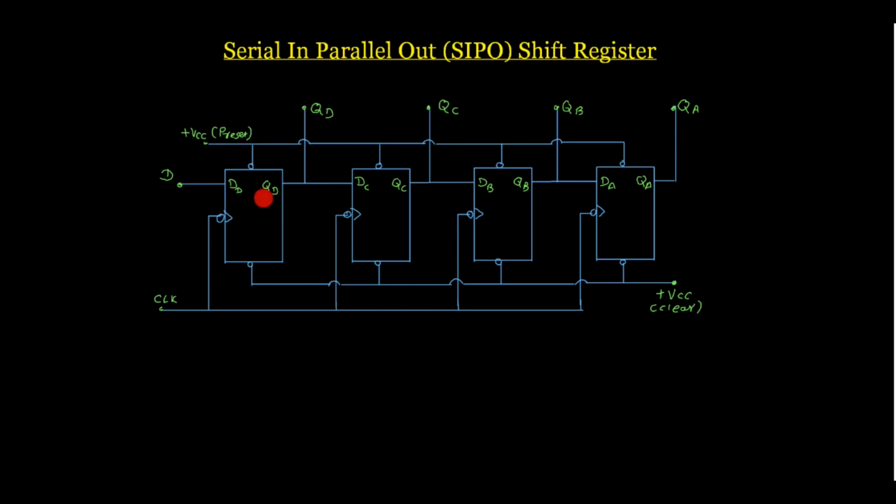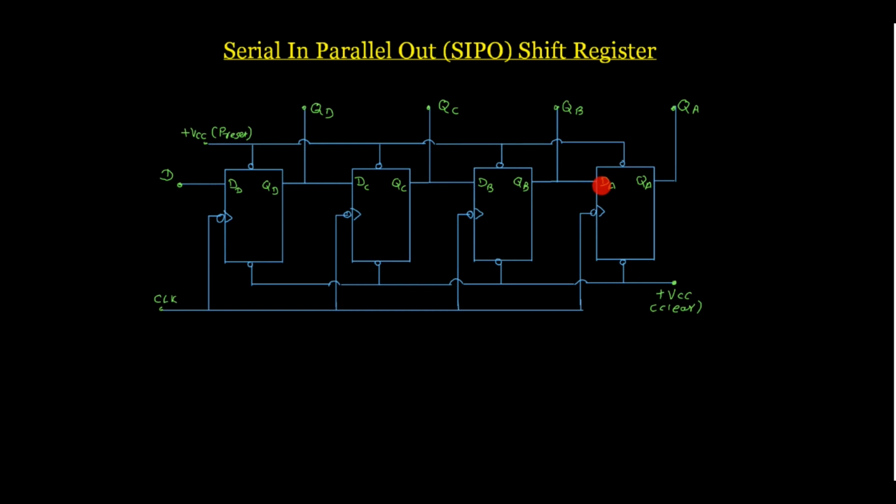Here we have used a D flip-flop directly. Now you can also use the JK flip-flop. Here the output of the D flip-flop is connected to the input of the C flip-flop. Output of the C flip-flop is connected to B, and the output of B is connected to A.